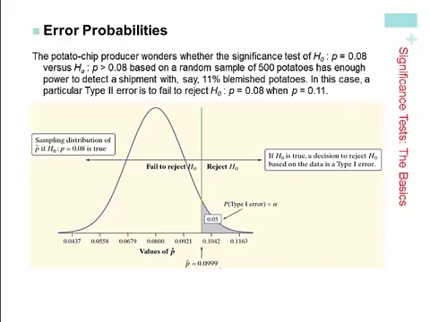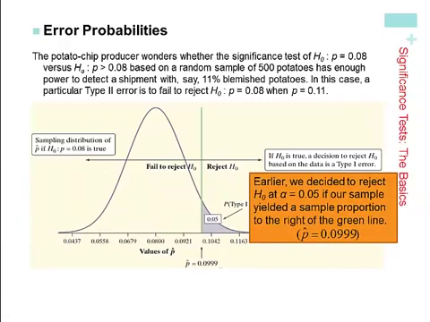This is the alternative value that we're going to use. In this case, a particular type 2 error is to fail to reject the null hypothesis of 0.08 when in fact the proportion of blemished potatoes is actually 0.11.